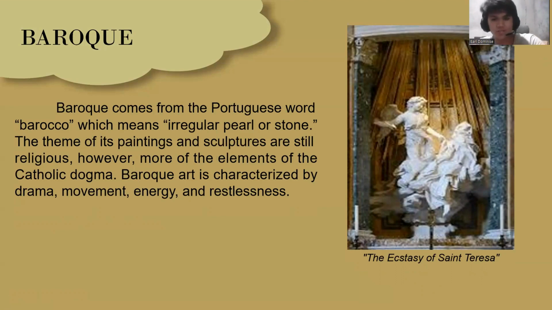One of the examples is the Ecstasy of Saint Teresa. It is a sculptural group in white marble set in the Cornaro Chapel of the Church of Santa Maria della Vittoria in Rome.